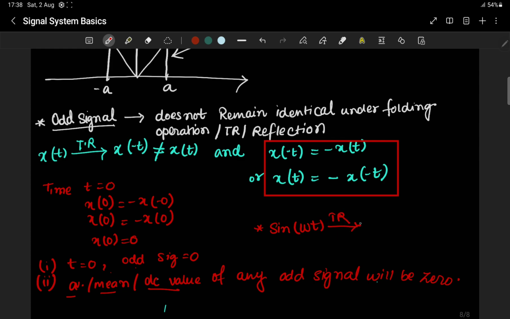It is going to be sine of minus omega t, which is basically equal to minus sine omega t. I think this resembles this, right? So you can conclude that this is a basic example of an odd signal.